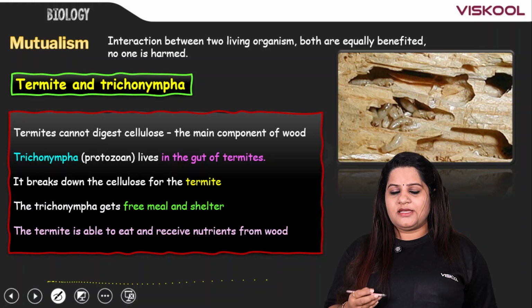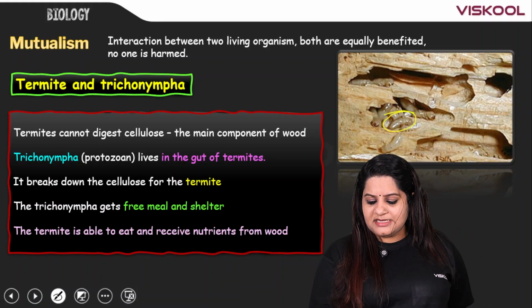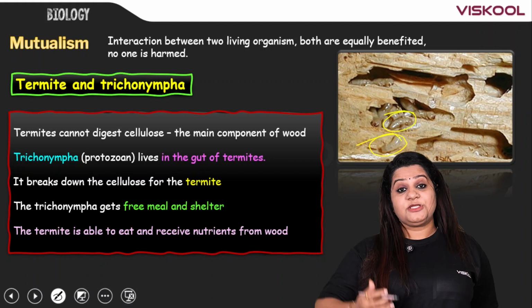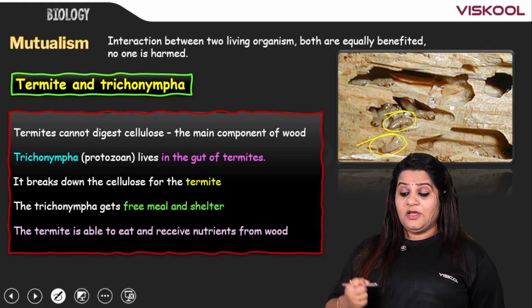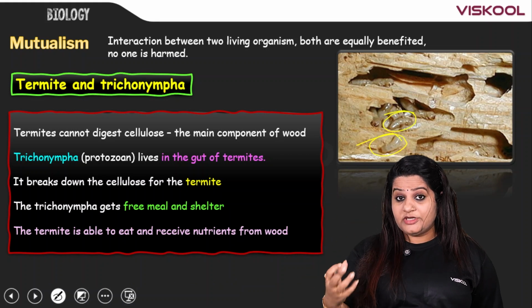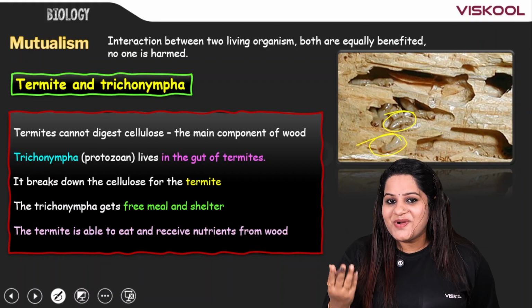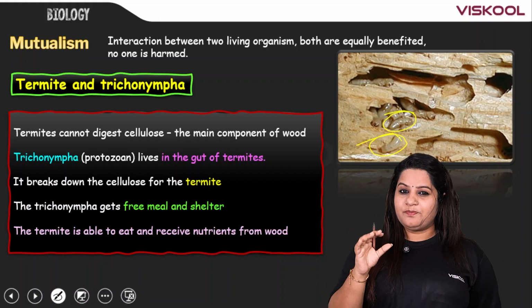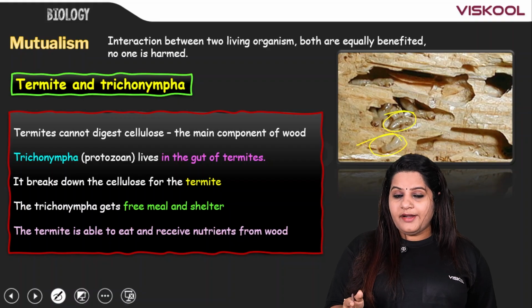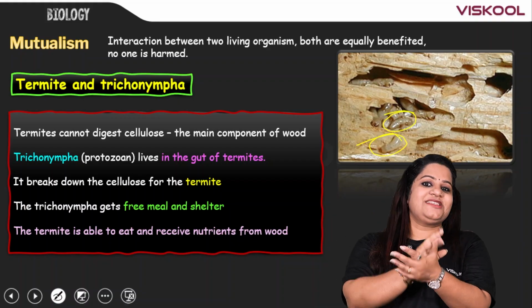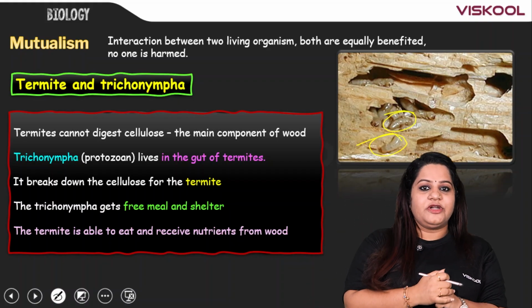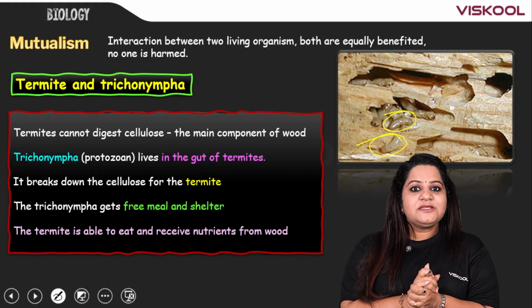Termites and trichonympha. See, here you can see the termites. We think that this termite is eating the food, digesting the wood. The wood is the food of this termite. But the thing is, our termite cannot digest the cellulose, which is the major component of our wood. So what happens?